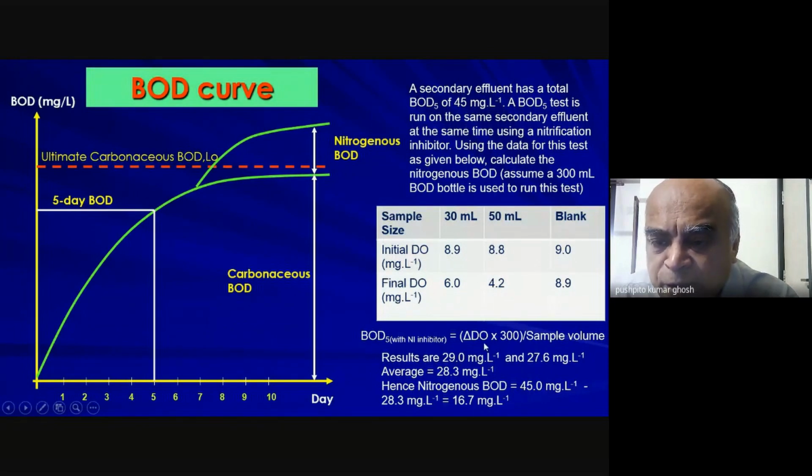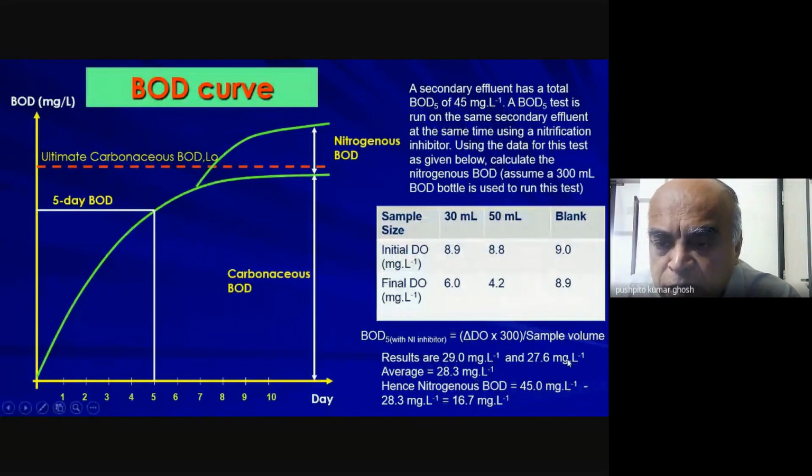So 300 will come into the numerator, and my sample volume below. Here it will be 2.9 multiplied by 300 divided by 30.